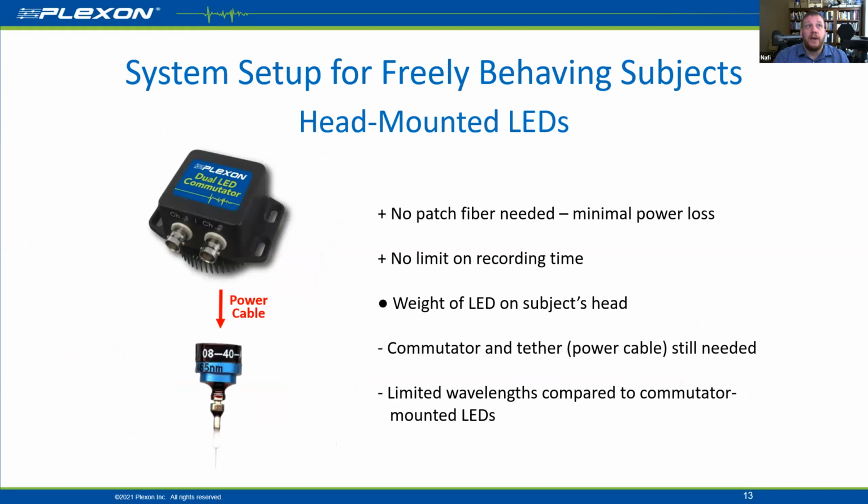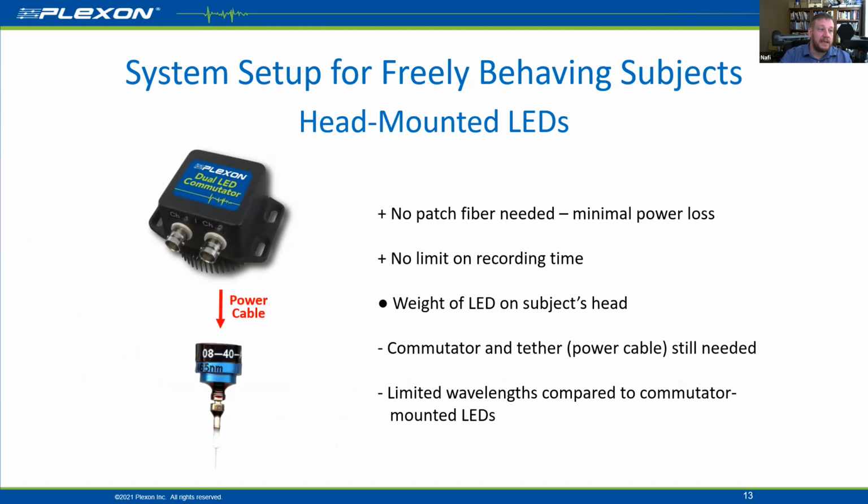So to address that, we have our head-mounted LEDs. These still require a tether to the commutator because they require power. But by putting the light source right on the animal's head, you eliminate that power loss. And then also, like with the commutator-mounted LEDs, since it is a continuous power supply, you don't have to worry about batteries or recording time.